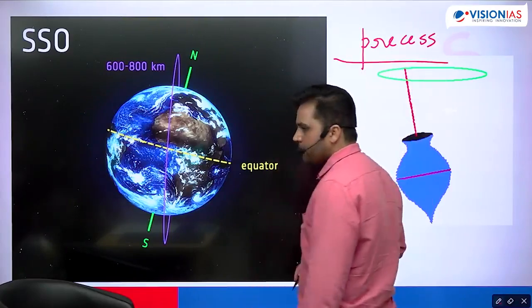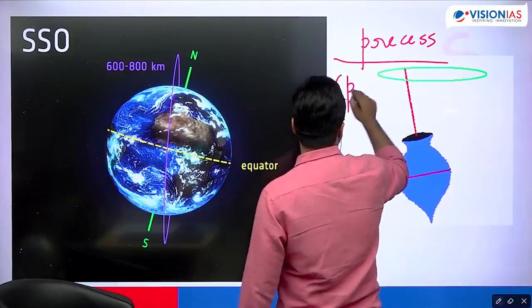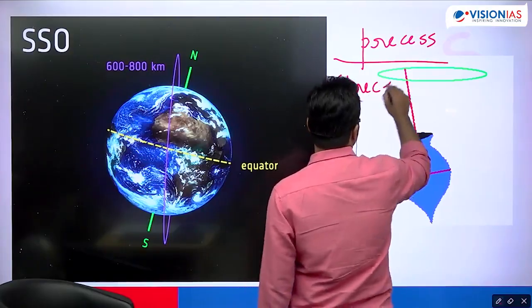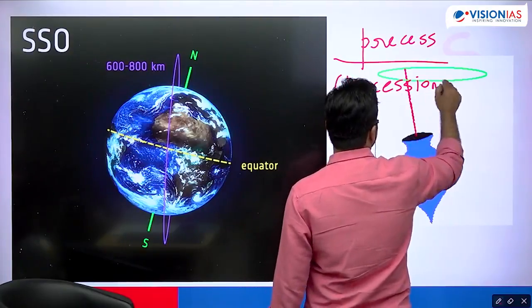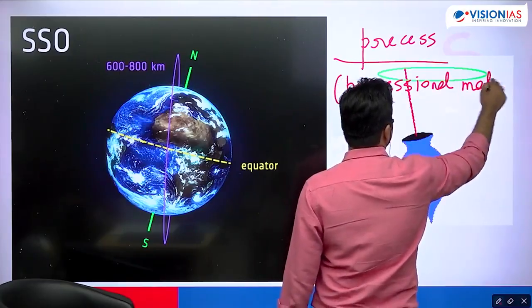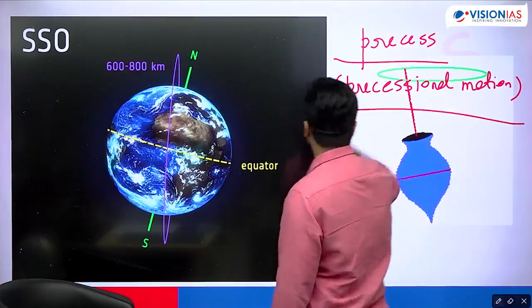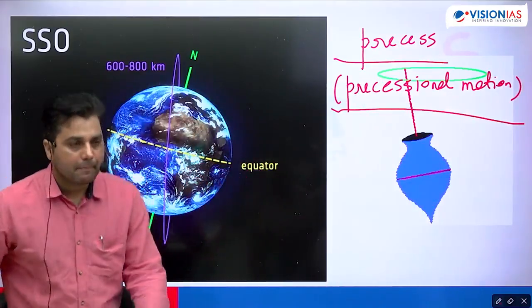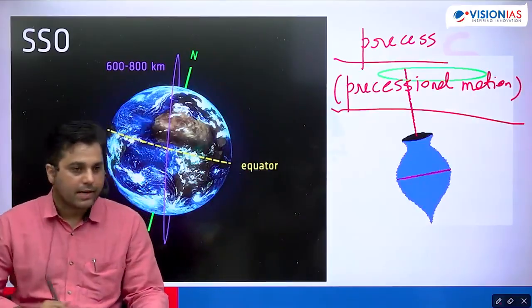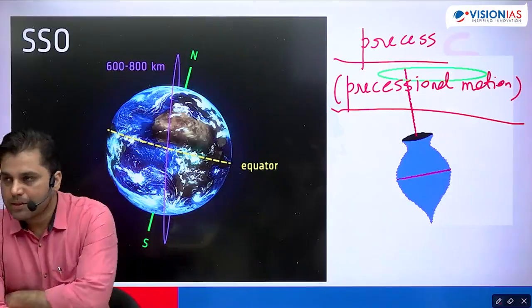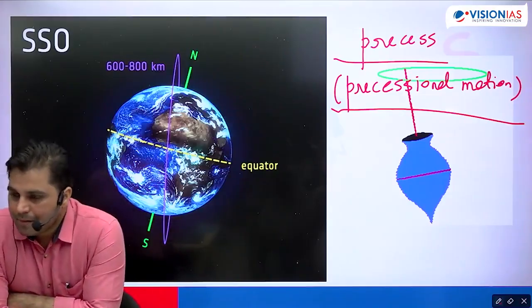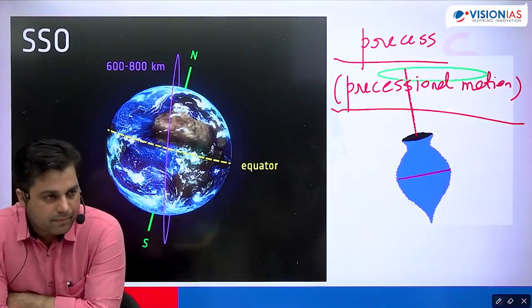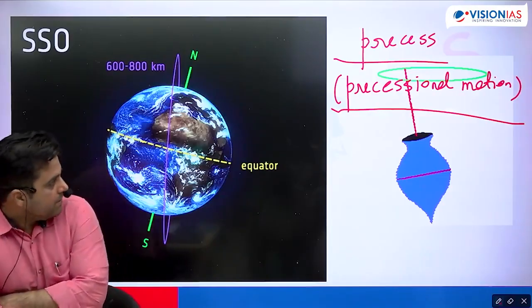Now you can write in brackets, precessional motion means when the axis of rotation in itself is rotating.